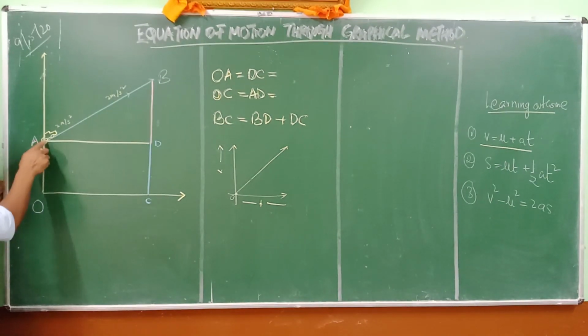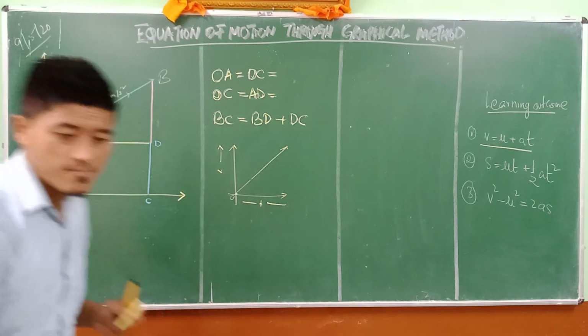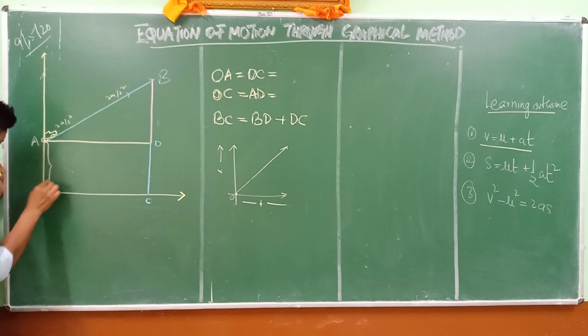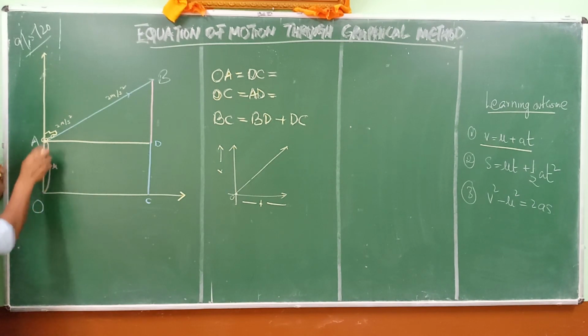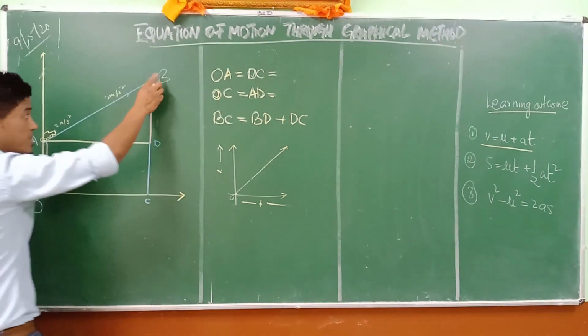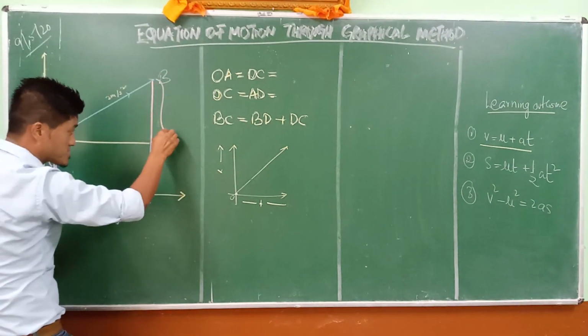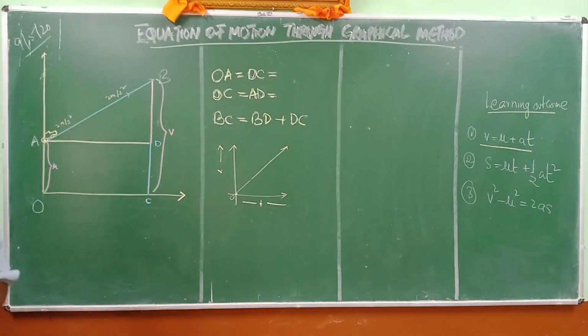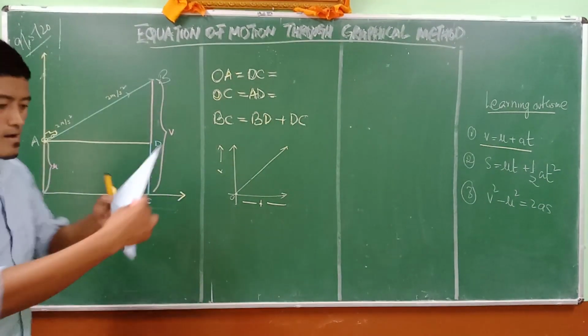So now let us imagine over here, OA. This is the initial velocity. If I'm going to write this as u, that is the initial velocity. This is the final velocity here, which I'm also going to write like this, v. Is that clear? So I have this graph here.